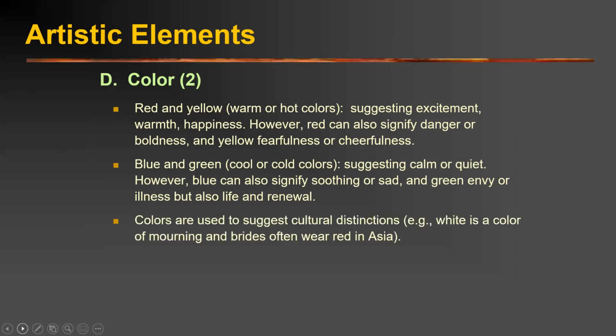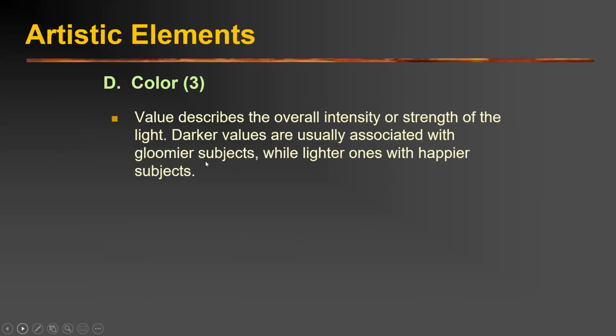Next, colors are used to suggest cultural distinctions. White is a color of mourning and brides often wear red in Asia. So that could be a cultural thing, depending on it. The use of black and white remains popular. Children seem to enjoy black and white just as much as colors. Value describes the overall intensity and strength of the light.